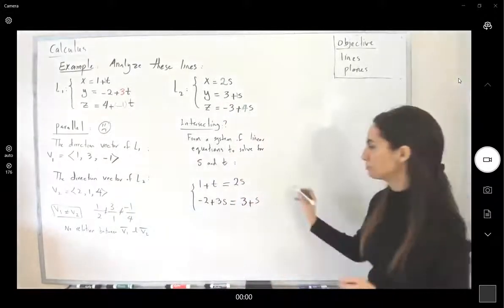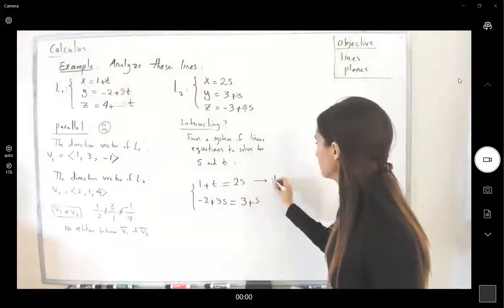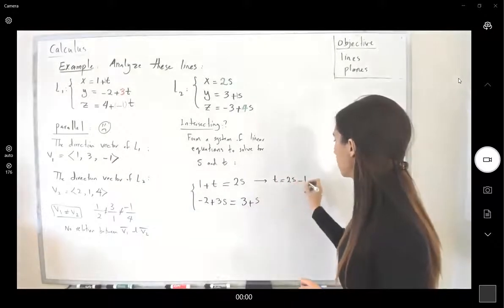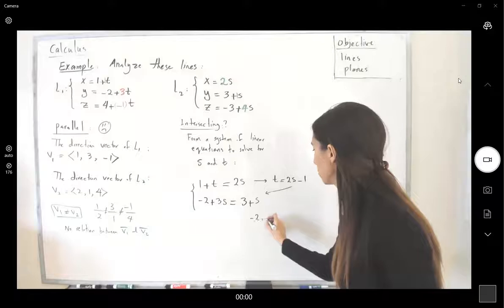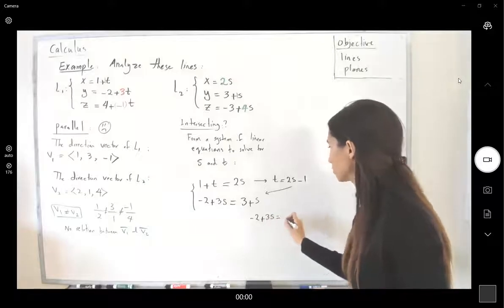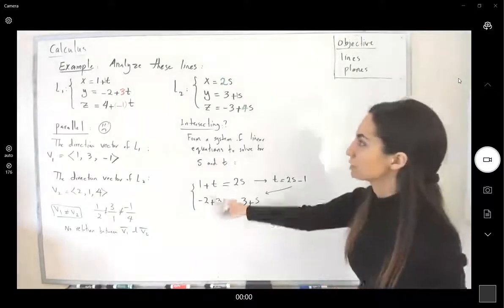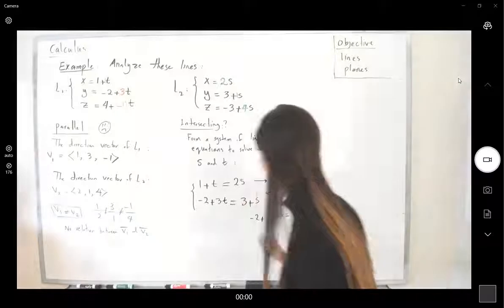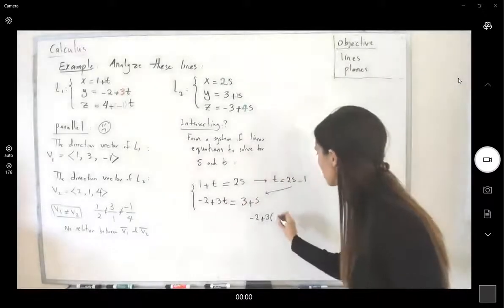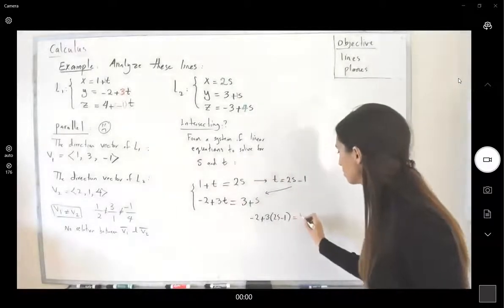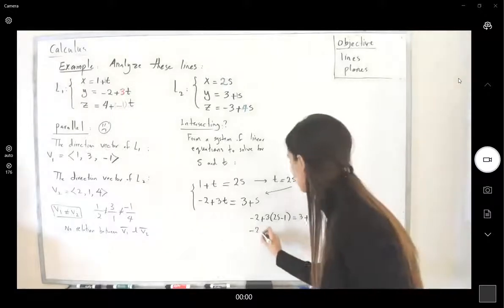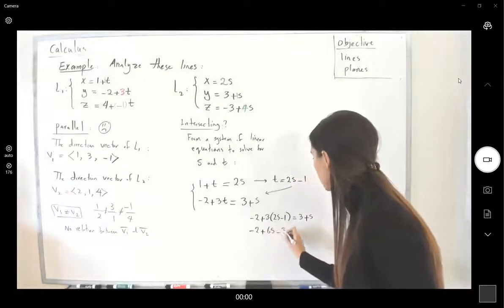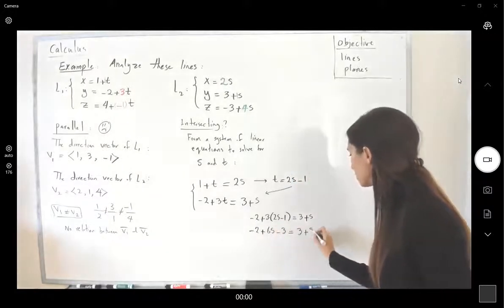So from algebra, we know that t is 2s minus 1. We substitute it here. We get -2 plus 3 times t, which is 2s minus 1, equals 3 plus s. And we start solving for s. We get -2 plus 6s minus 3 equals 3 plus s.